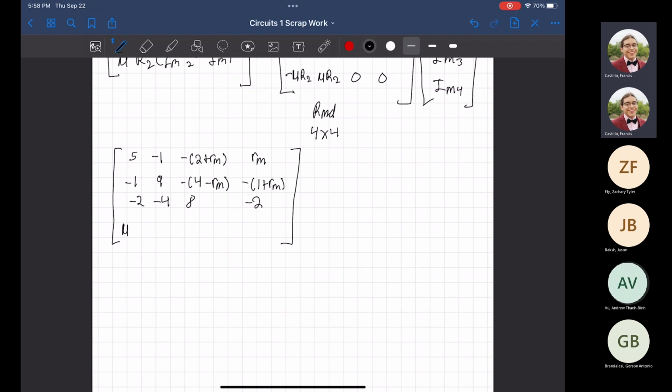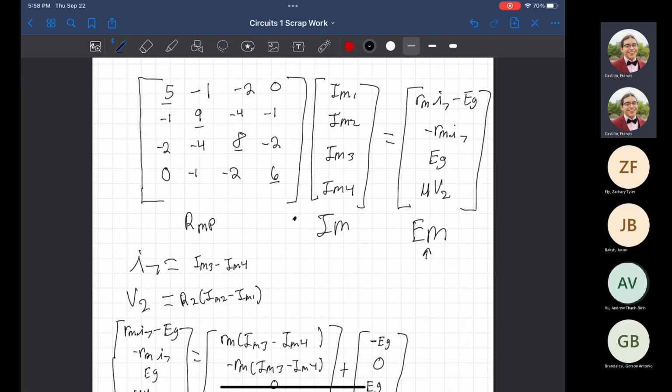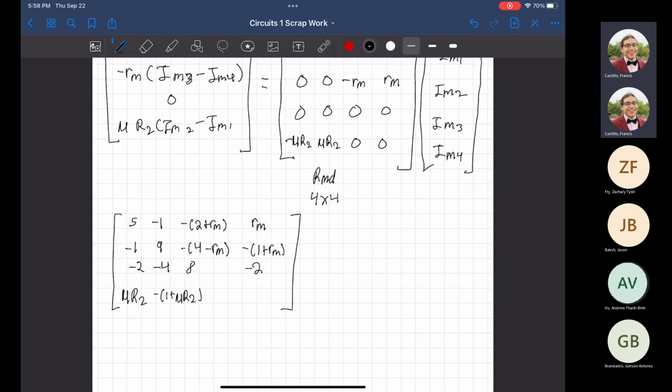So it would be positive R2 here because it's subtracting it, turning this original negative into a positive one. And here the negative 1 plus mu R2, where the 1 came from our negative 1. So again, negative 1 minus our R sub mu. We can take out the negative and say it's just equal to that. And then it'd be negative 2 here and 6 because there are zeros in our dependent map. These will just carry over the same values.